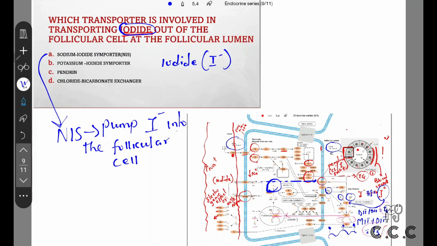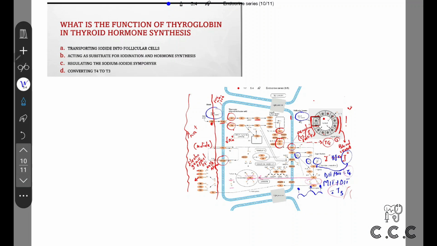Are you seeing it? Into, the keyword is into. Then the next one, potassium iodide symporter, it's not a transporter even in the context of thyroid synthesis. And then we have pendrin. Pendrin is actually the answer in this case.